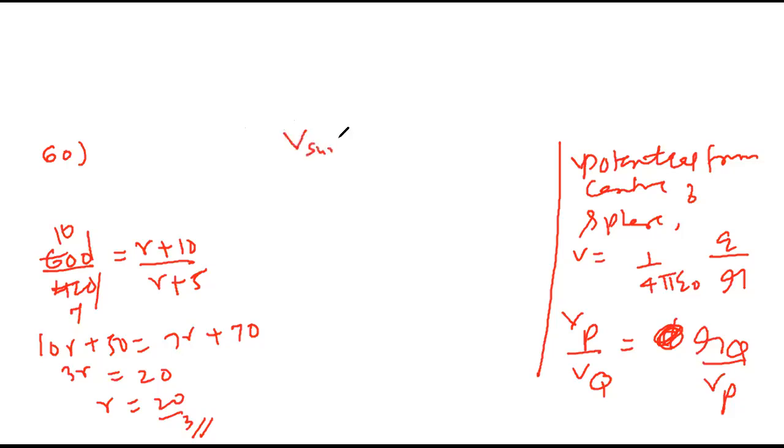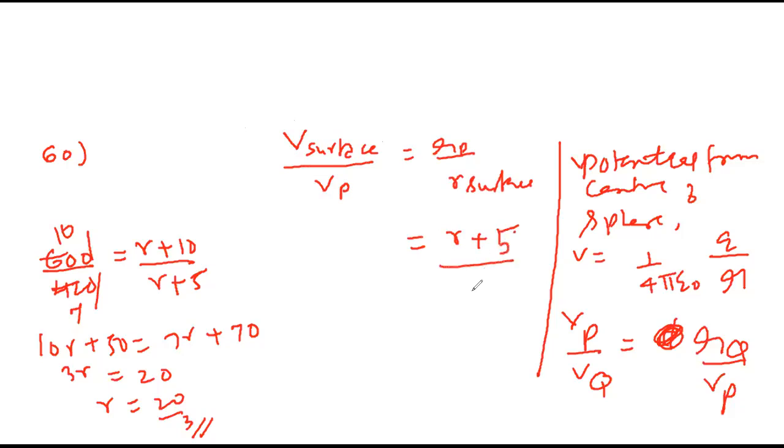V at surface upon VP is RP upon R of surface. RP is R plus 5, and R surface is radius R. V surface we want, and V at P was 600.